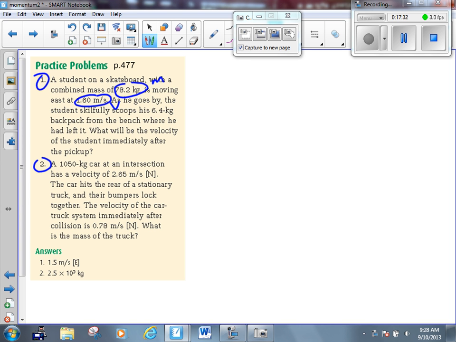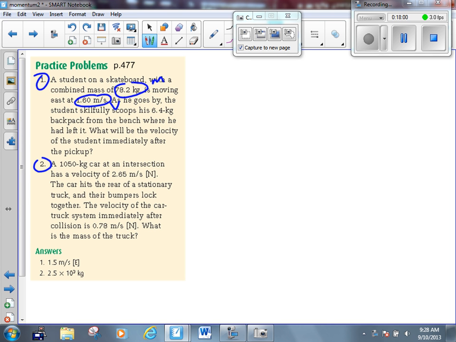So there is only going to be 1 object before the event has taken place, or at least so far. As he goes by, the student skillfully scoops up a 6.4 kilogram backpack from the bench where he had left it. So he's skateboarding. He picks up a backpack, and then him and the skateboard and the backpack go off as one.